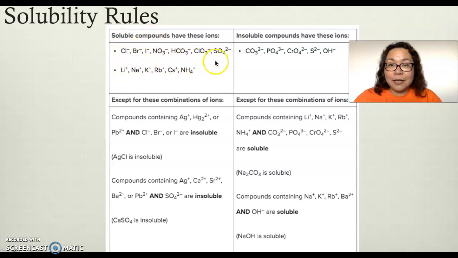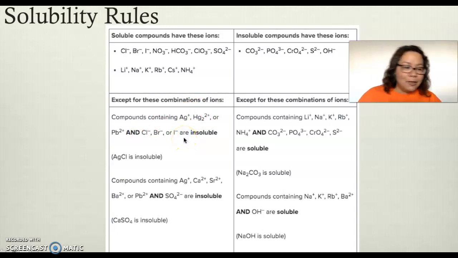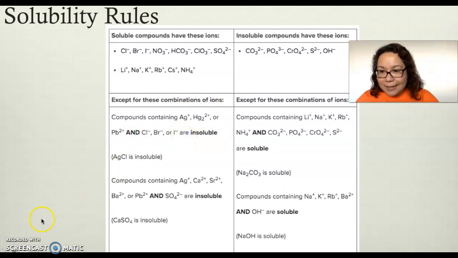The anions are all of these here, and the cations. So if a compound has these ions as part of the compound, then you'll know it can dissolve. The exceptions are the bottom ones here. If you mix these positive ions with these negative ions, these combinations become insoluble precipitates.